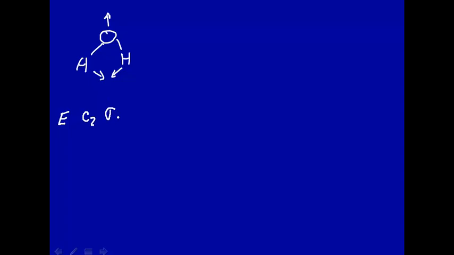And recall sigma v is in the XZ plane, and sigma v prime is in the YZ plane, and the molecule is in the YZ plane. The z-axis is the principal rotation axis, and therefore the x-axis would be coming out towards you.